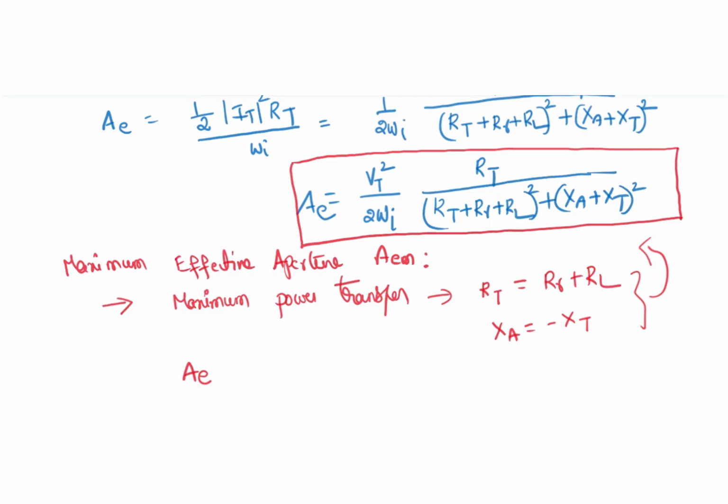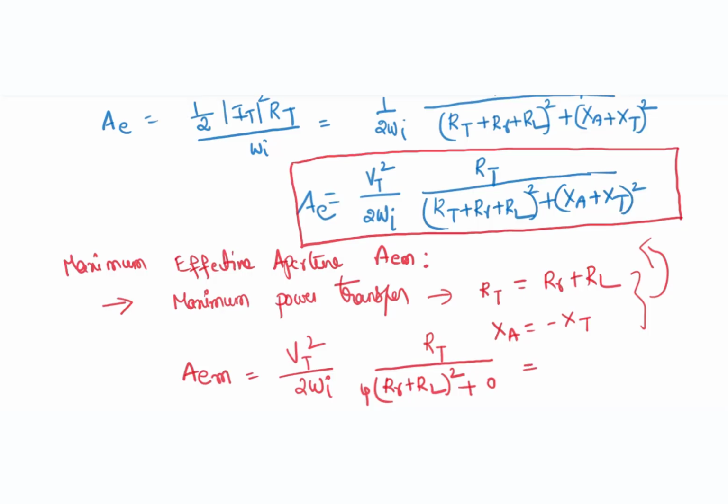into this expression, then you'll get AEM as Vt square by 2Wi into RT by, in the place of RT substitute RR plus RL. So you will get, next this becomes 0. This becomes 0.